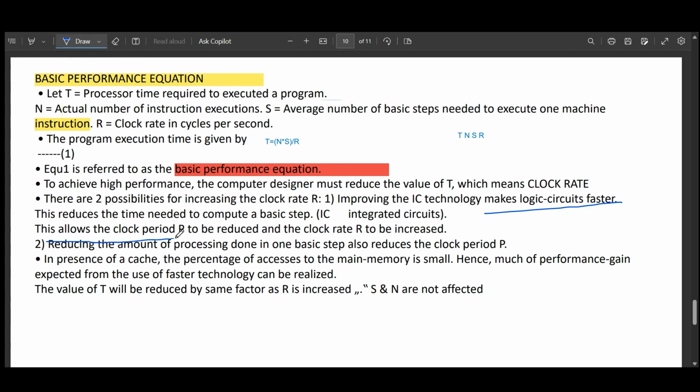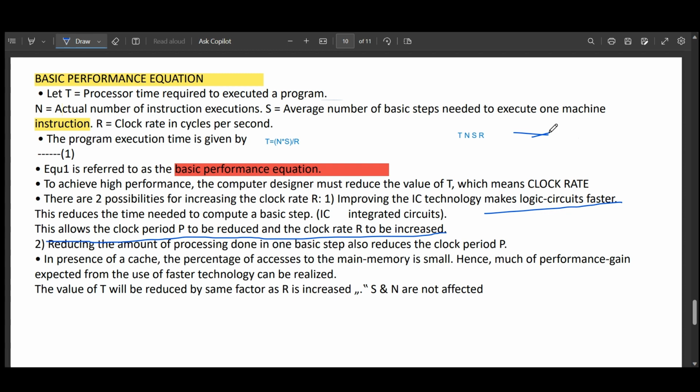This allows the clock period to be reduced and the clock rate to be increased. What they are telling is that the time to compute the basic step is reduced. I initially told you I divided the program into basic steps.